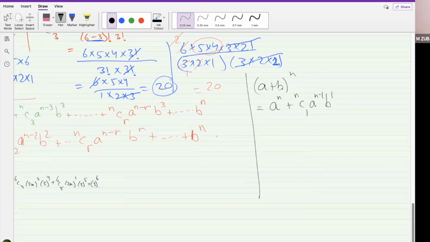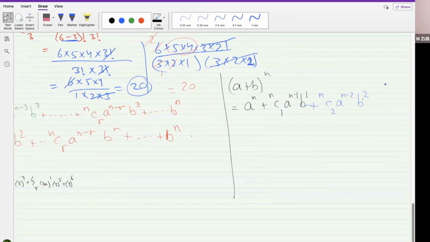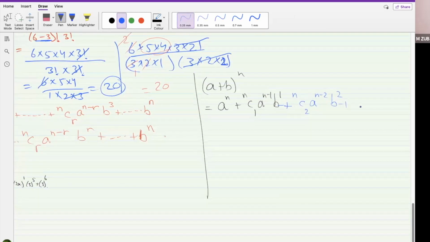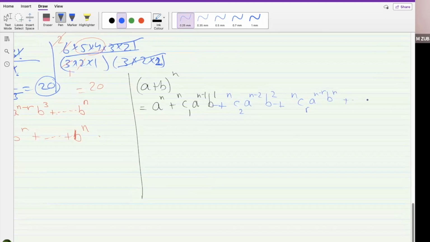First term, then second term. The power of the first term will keep on reducing, the power of the second term will keep on increasing, plus nC2 a^(n-2) b^2, and so on, plus nCr a^(n-r) b^r, plus the last term will be b raised to the full power, that is n.